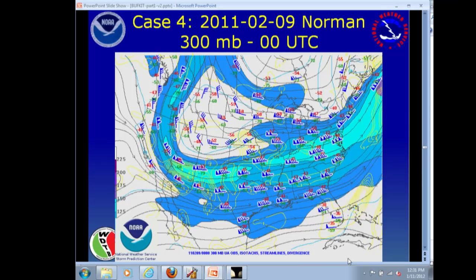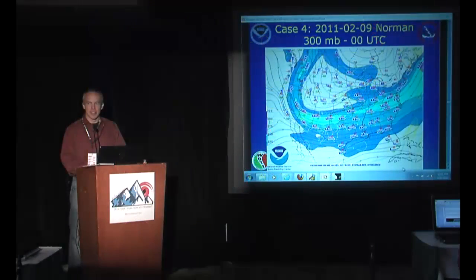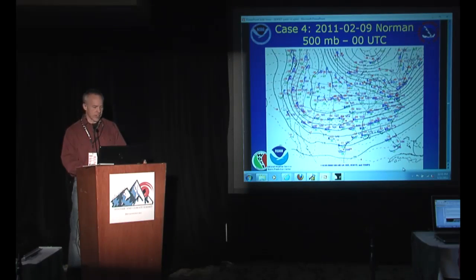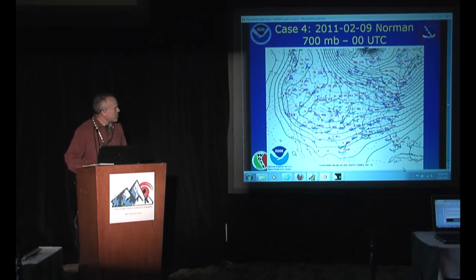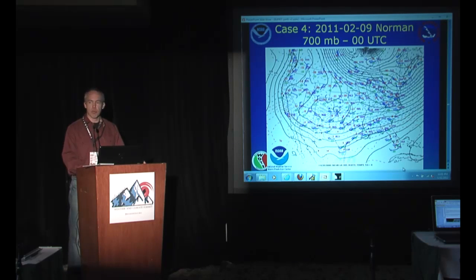This is the setup that produces the highest 24-hour total in Oklahoma. So it was last year, and here you have the trough rounding into the base of the mean trough, the shortwave trough. And as we go on, look at these temperatures, they're super cold. I mean, it was probably -40 degrees around here in Breckenridge at the time.